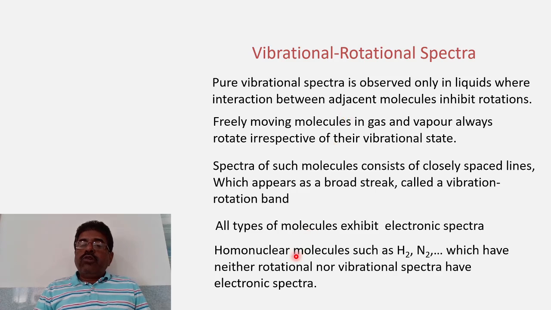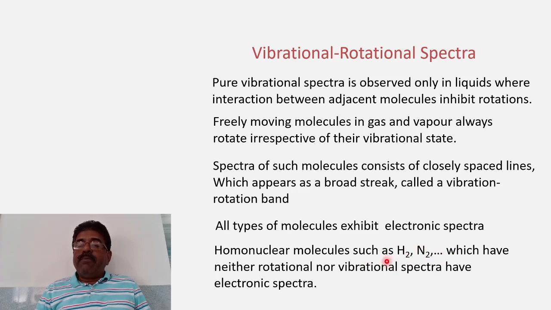Homonuclear molecules, especially the hydrogen molecule and nitrogen molecule, have neither rotational nor vibrational spectra. Earlier, while studying rotational spectra, we saw that they do not show rotational spectra, and they also do not show vibrational spectra because of the symmetry of the molecules.